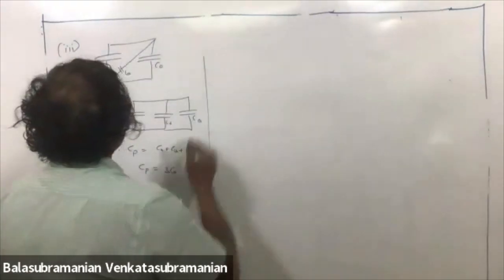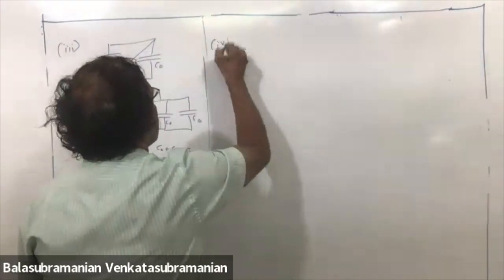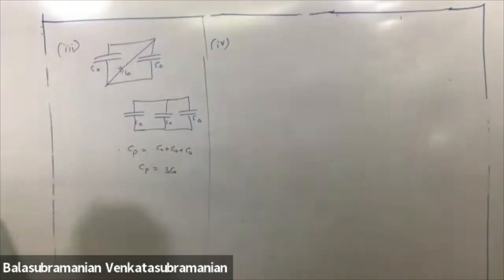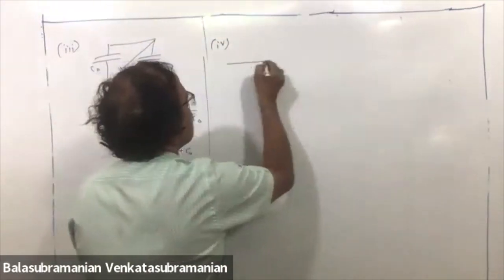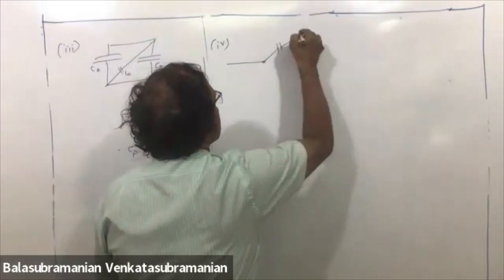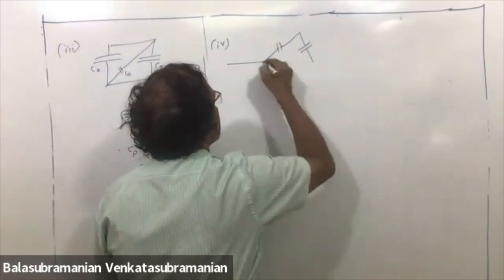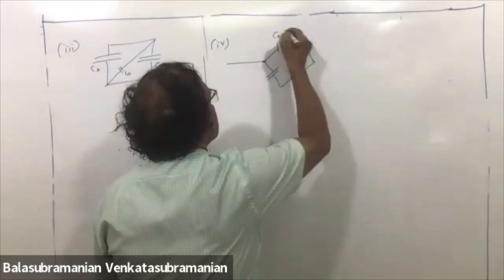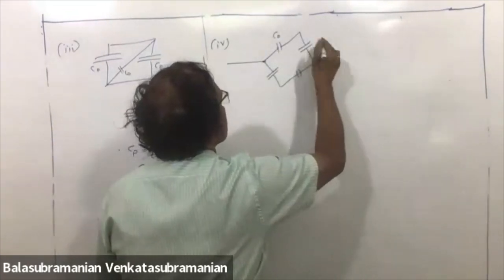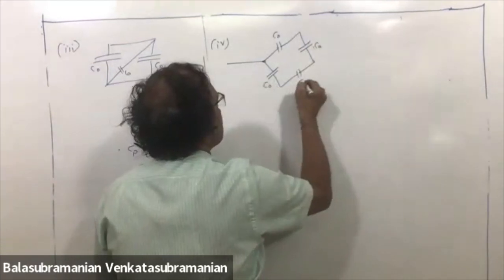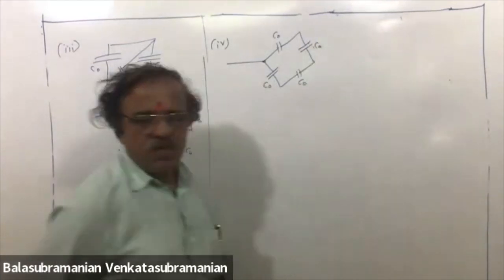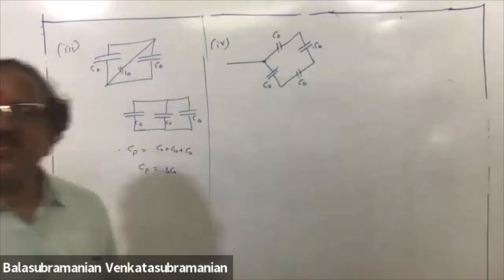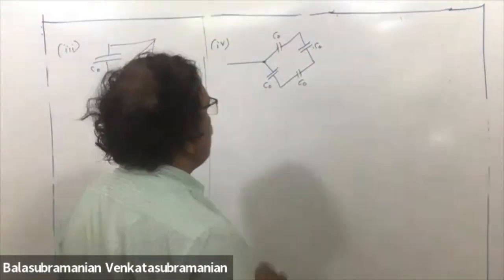Now, the fourth one. 4 capacitors are connected: C naught, C naught, C naught, C naught. If you put C naught everywhere, then in the calculation you will get confused.